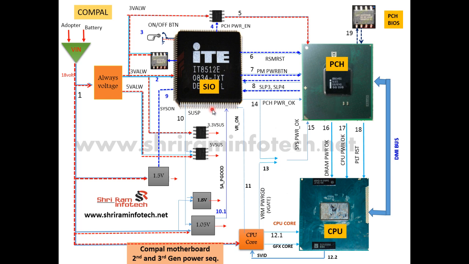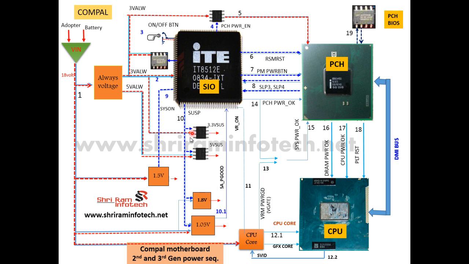The next signal: within a few microseconds, the SIO generates the next signal called SUSP, the suspend on. He generates the next signal on the 10th section. When the SUSP signal is generated, it triggers these 4 sections.